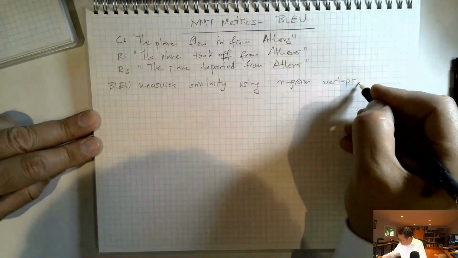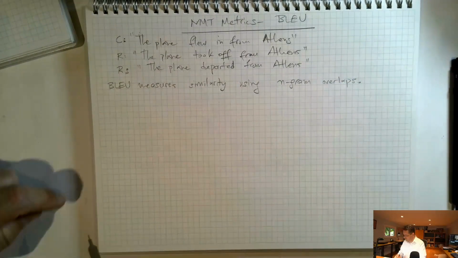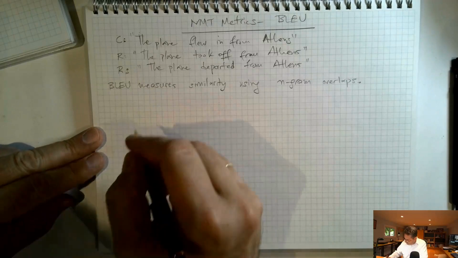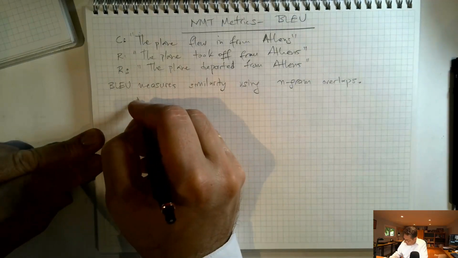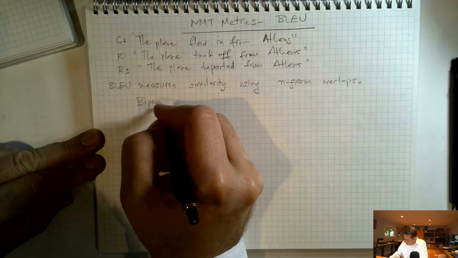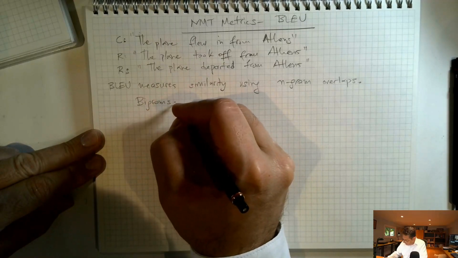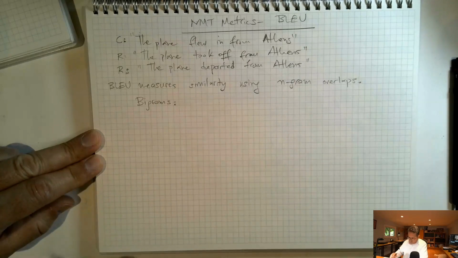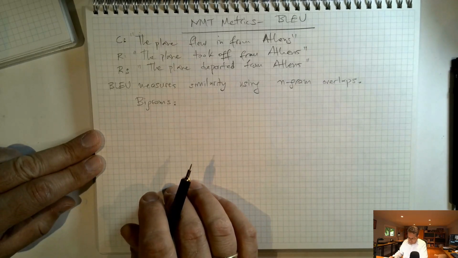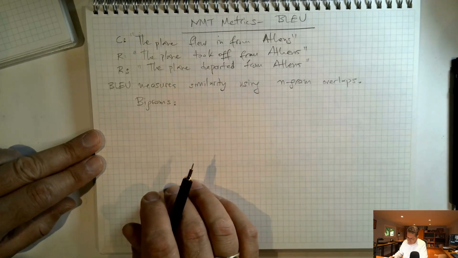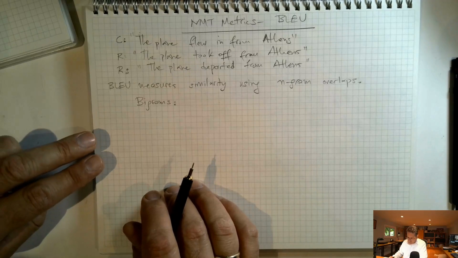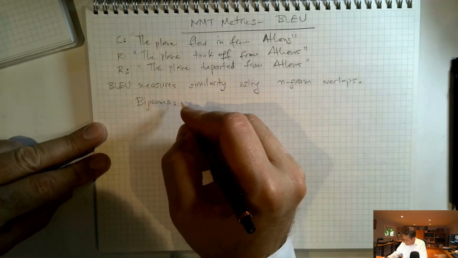So let's see exactly what an n-gram is and look at this a bit more. Let's look at the bigrams as an example. Let's form all the bigrams that are associated with the candidate sentence. All right, so bigrams from the candidate sentence.